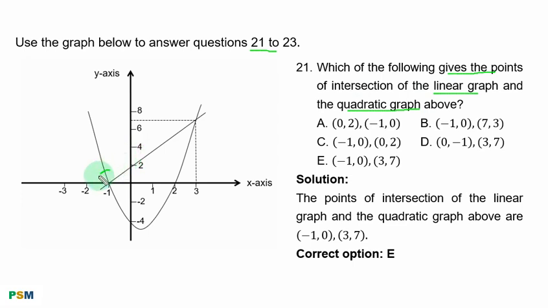This is the first point of intersection, the second point of intersection. At this point, s is equal to minus 1, y is equal to 0. At the second point, s is equal to 3, y is equal to 7. The correct option is E.